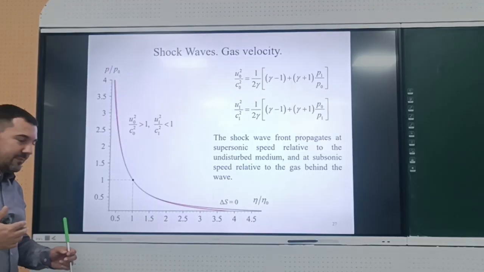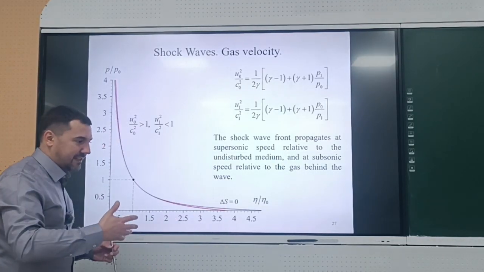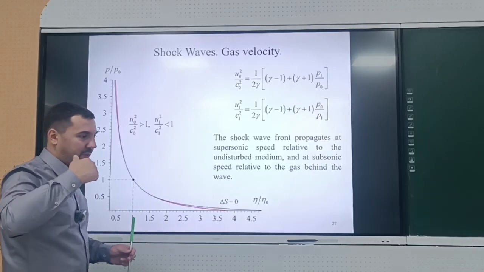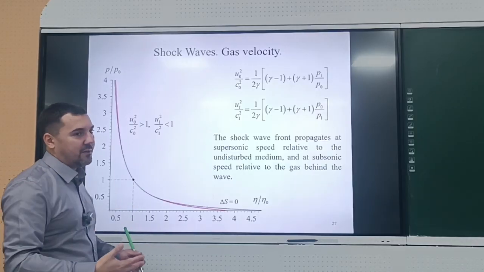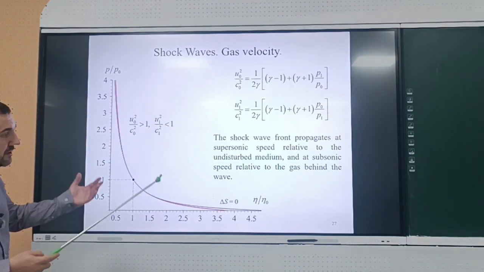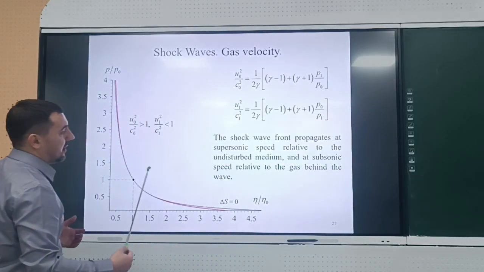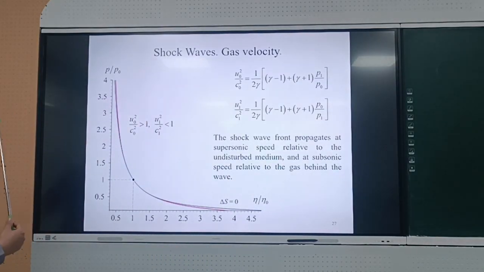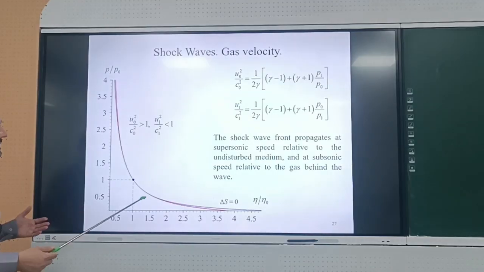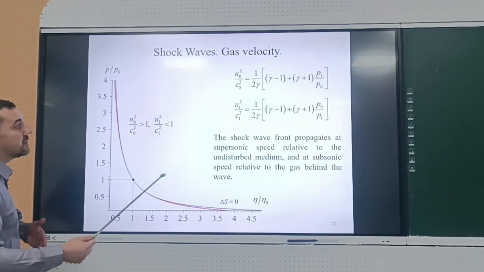So if the shock wave propagates in a medium at rest, the velocity behind the shock wave will be high. But at the same time, the speed of sound will also be high because of the temperature rise. And in total, the speed of the shock wave relative to the gas behind it is subsonic, and relative to the gas in front of the shock wave, it is supersonic.